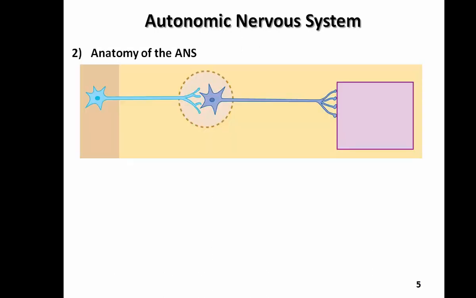This illustration will highlight the major connections involved with the autonomic nervous system. On the far left-hand side we see the central nervous system cell body, and the neuron exiting the spinal cord will then become part of the peripheral nervous system, and this is known as the preganglionic neuron. This is the neuron that will connect through the autonomic ganglion, this cluster of nerve cell bodies, that will become the postganglionic neuron.